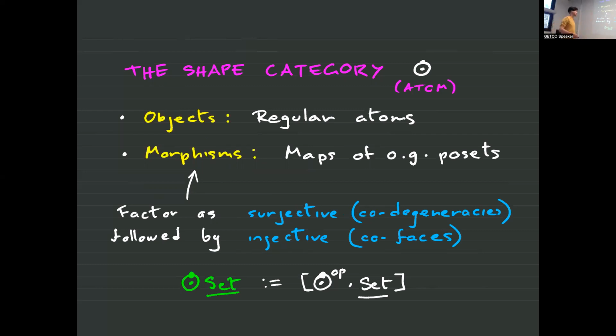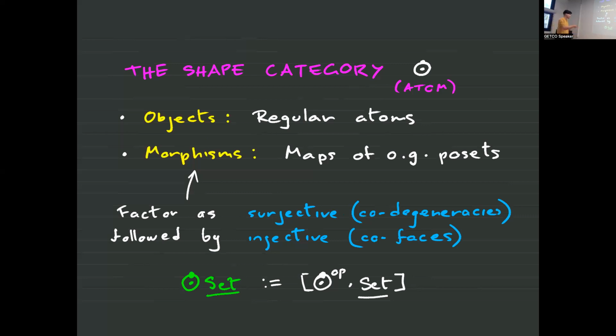As morphisms, we take all the maps of these things as oriented graded posets. And morphisms, like in many of these shape categories, factor as surjections followed by injections. So this is what's sometimes called a Reedy category.